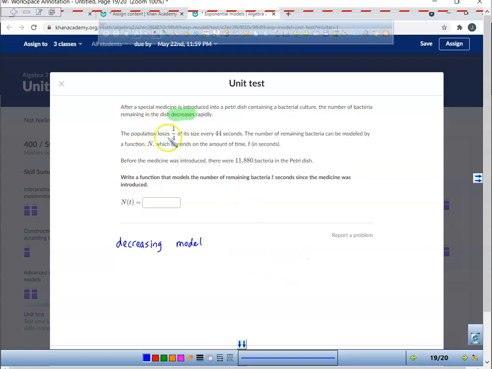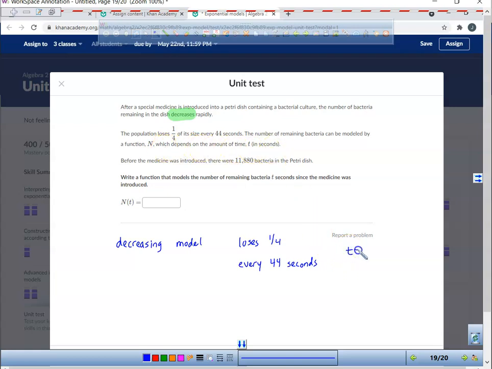The population loses 1/4. So write down, it loses 1/4 every 44 seconds. Okay? The number of remaining bacteria can be modeled by the function n, which depends on the amount of time in seconds.